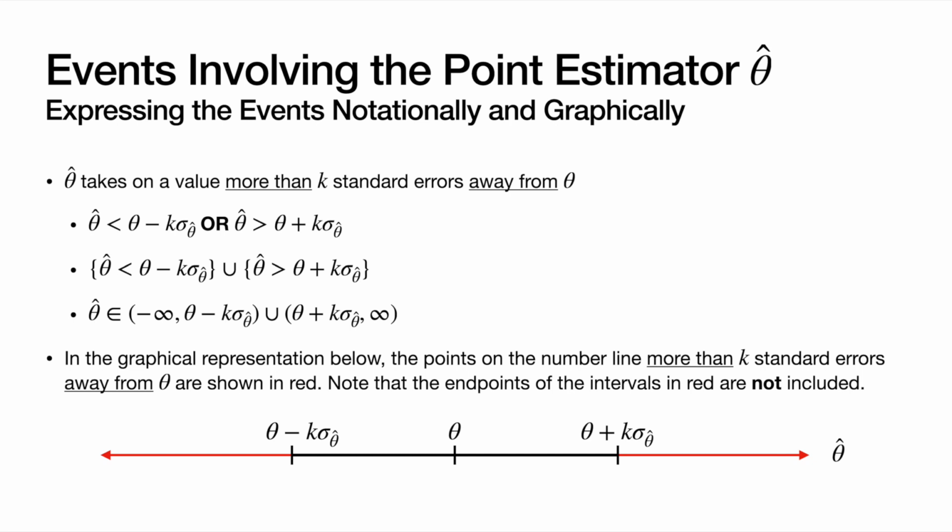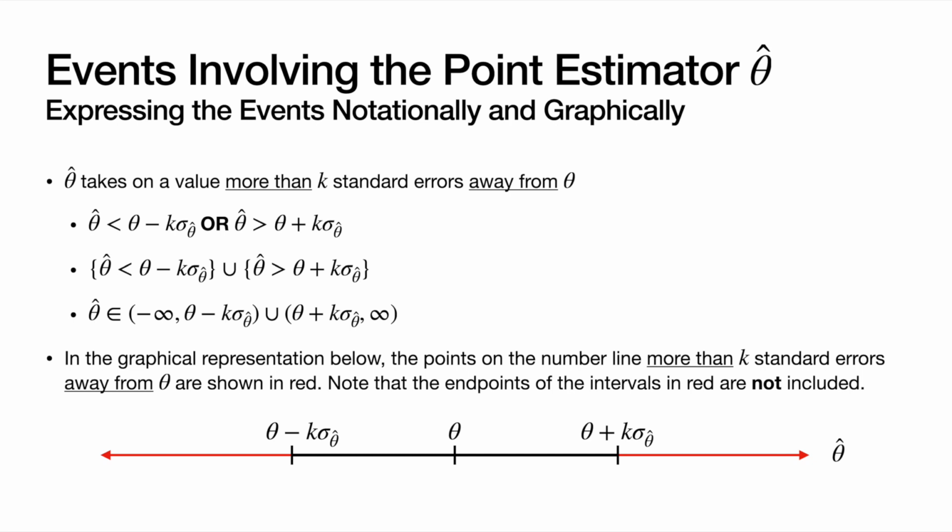It can also be represented as the union of the two individual events, theta hat being strictly less than theta minus k times the standard error of theta hat, with the event theta hat greater than theta plus k times the standard error of theta hat.